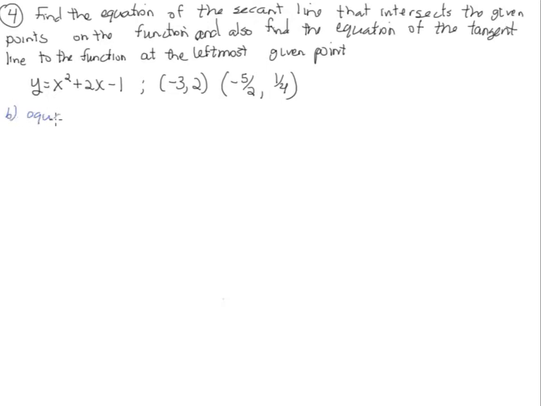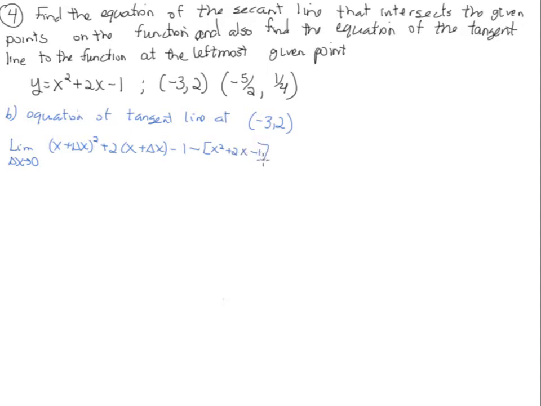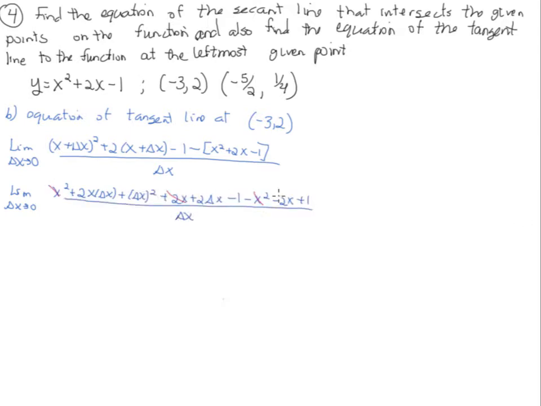Next, we were asked to find the equation of the tangent line at the point negative 3, 2. We'll start by finding the derivative, which is the limit as delta x goes to 0 of x plus delta x squared plus 2 times x plus delta x minus 1, minus x squared plus 2x minus 1, all over delta x. Then I'm going to simplify this using algebra. This gives us a derivative of y with respect to x of 2x plus 2.